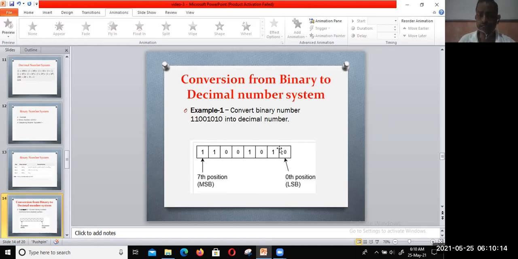So here you can see from rightmost to leftmost, 0 is the zeroth position, the least significant bit, and the leftmost 1 is the seventh position, the most significant bit. So the most significant digit is 1, and 0 is the least significant digit.